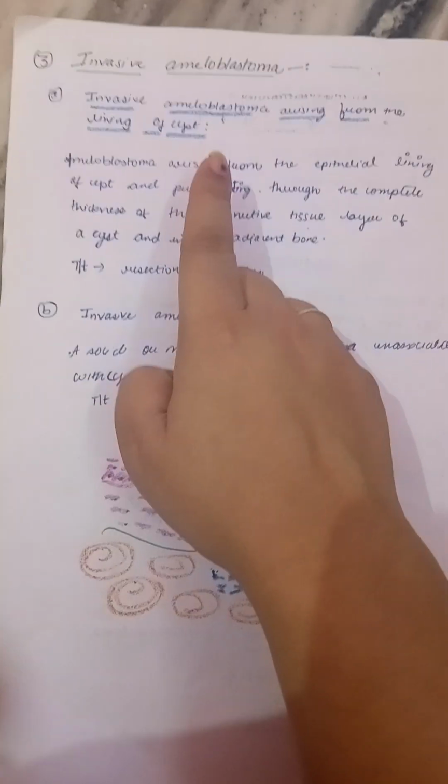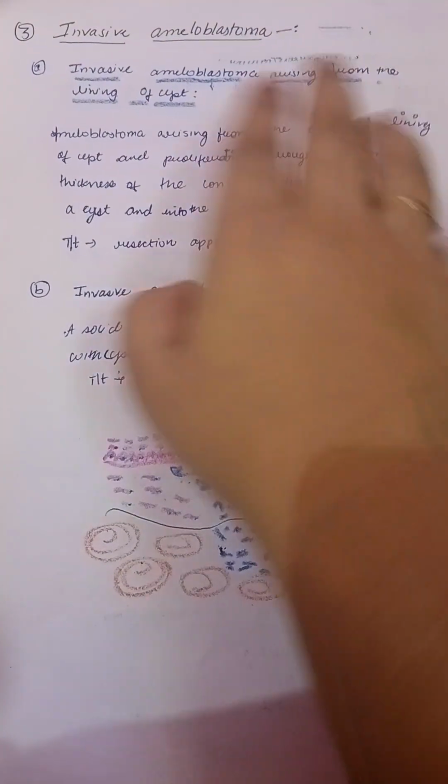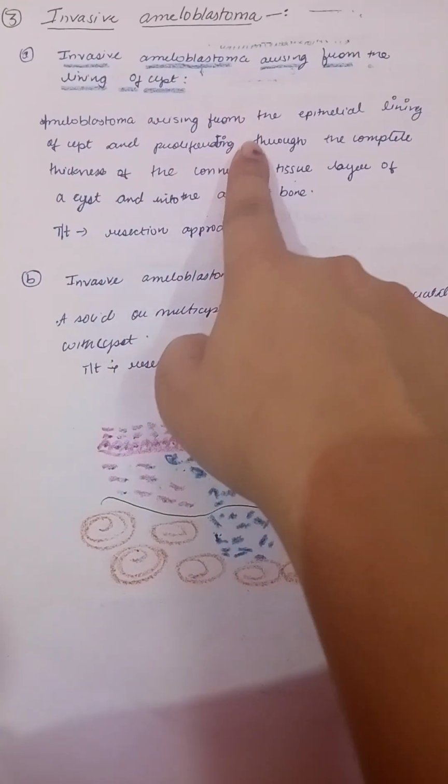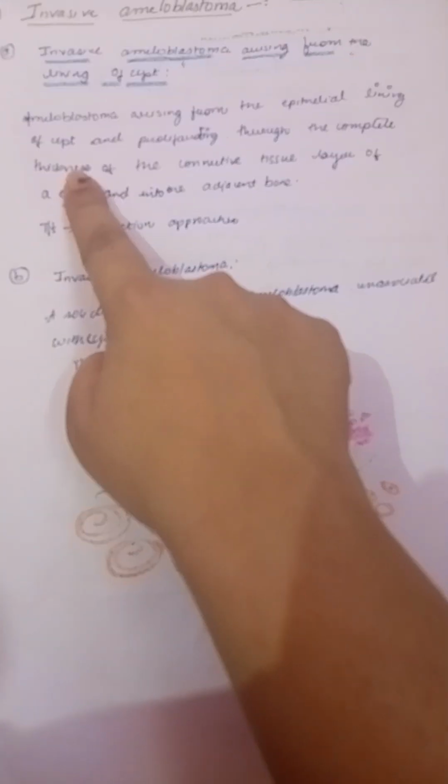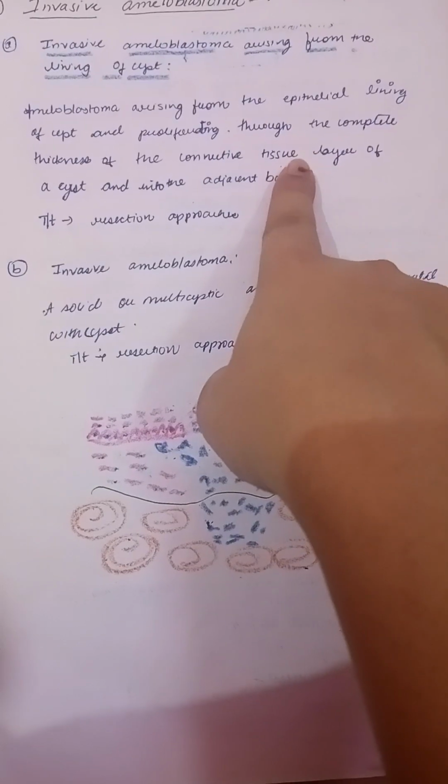Invasive ameloblastoma arising from the cyst is ameloblastoma arising from the epithelial lining of the cyst, proliferating through the complete thickness of the connective tissue layer of the cyst and into the adjacent bone.